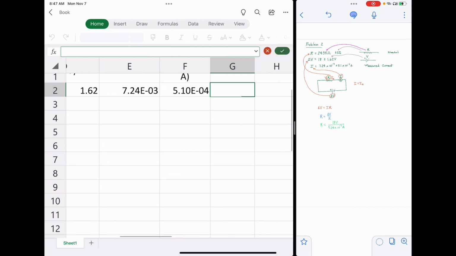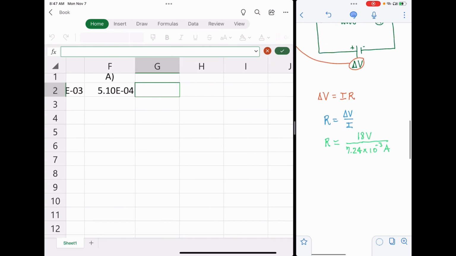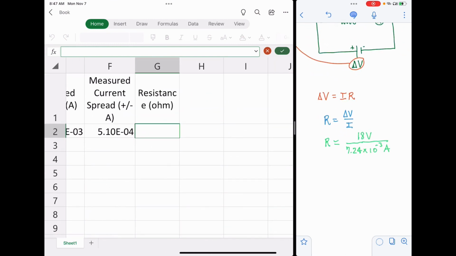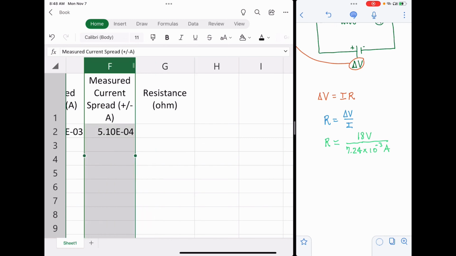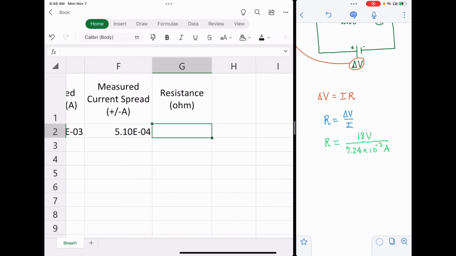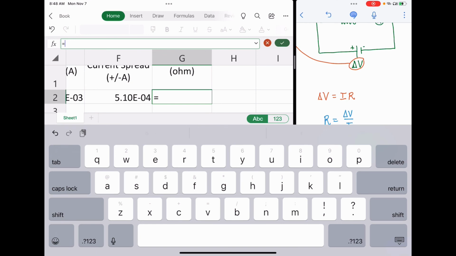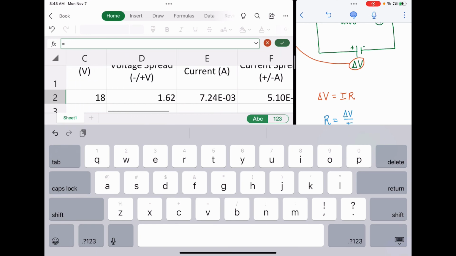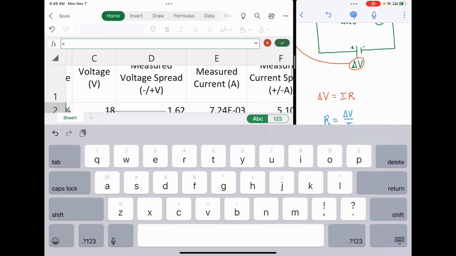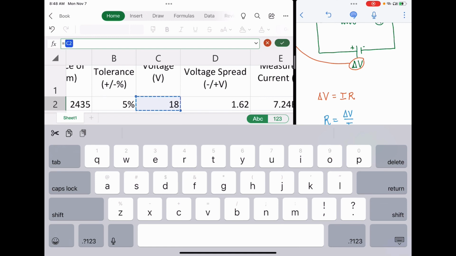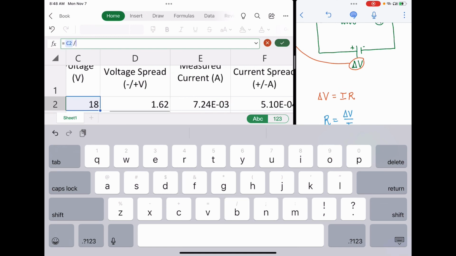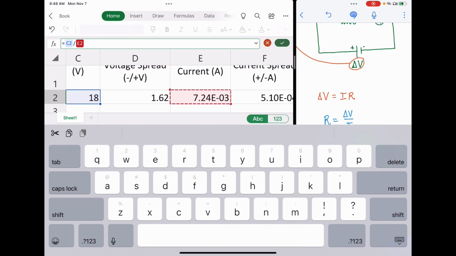So what are we going to do? We see we have our formula here. And I'm going to spread that out a little bit. So all this is equal to the voltage, not the spread, but the voltage divided by the measured current. Okay.